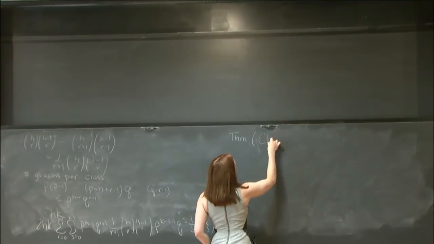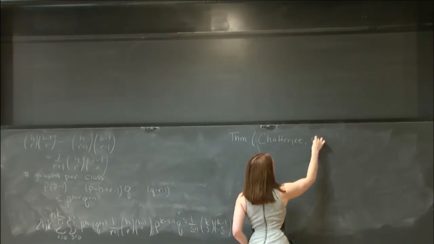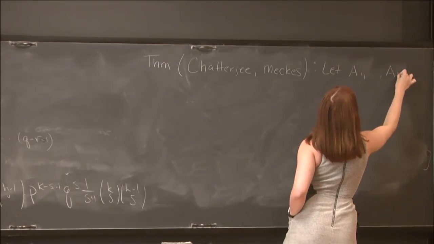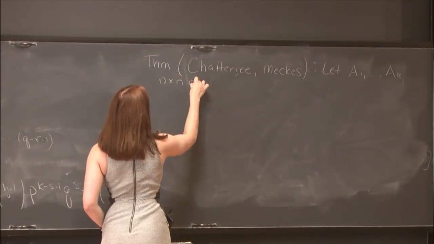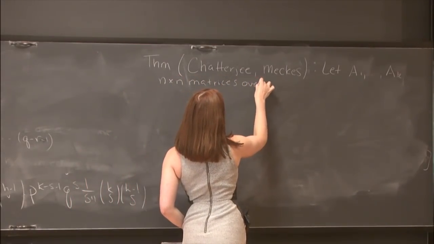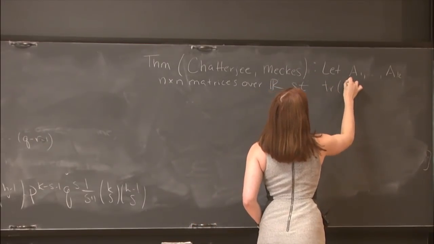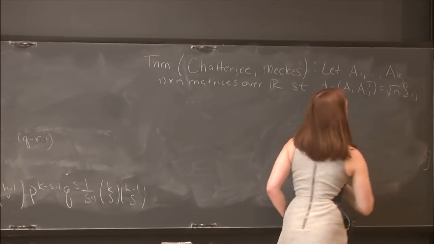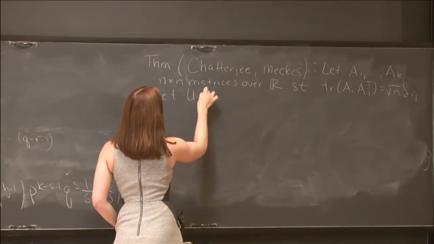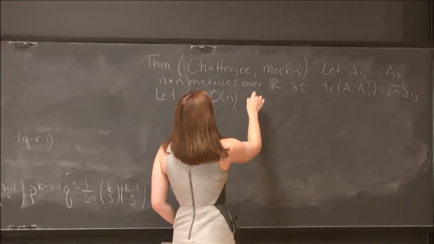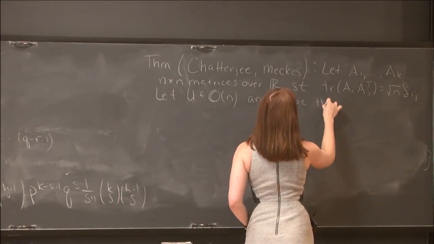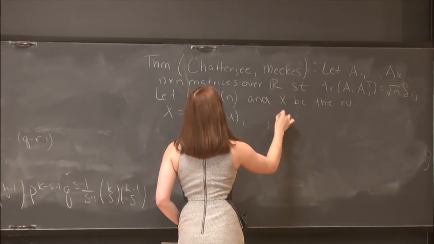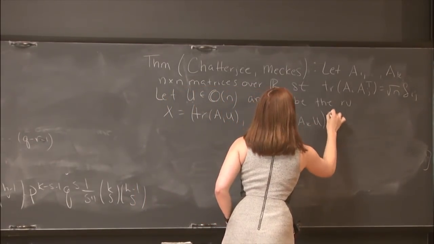This is due to Chatterjee and Meckes. If we take A_1 up to A_K, n by n matrices over R, such that the trace of A_i A_j transpose is root n delta_ij, we let U be a random orthogonal matrix, and X be the random vector we get by taking trace A_1 U up to trace A_K U. So this is in R^K.